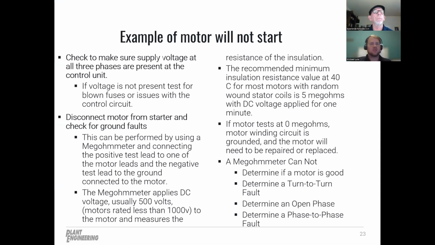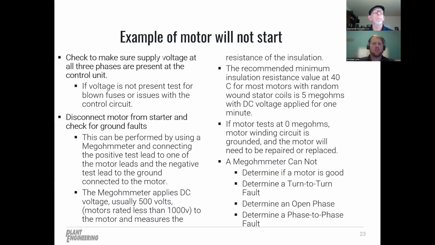So this is just kind of an overall slide. Sorry for all the words on this one, but here we're looking at an example of a 460 volt AC input, 3-phase AC induction motor that won't start. So you're applying power to the motor leads, but you're not getting a start.